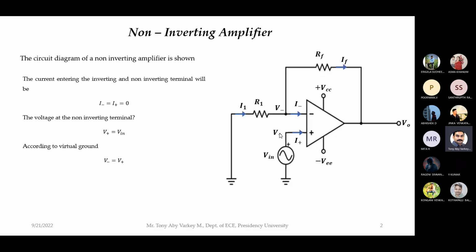V in. Understood? Is it clear, everybody? Any doubt? Since V plus is equal to V in, according to the virtual ground concept V plus should be equal to V minus, which means V minus also should be equal to V in.